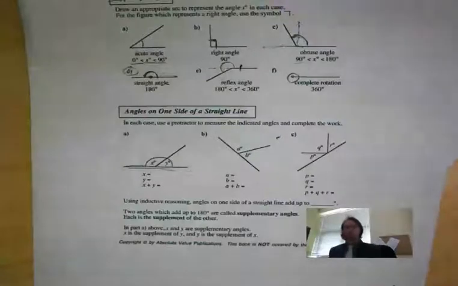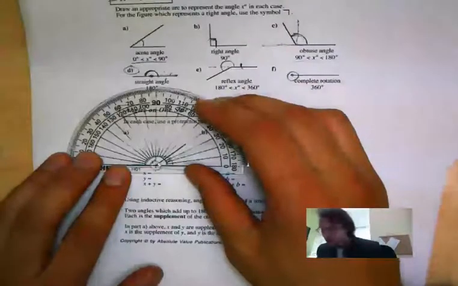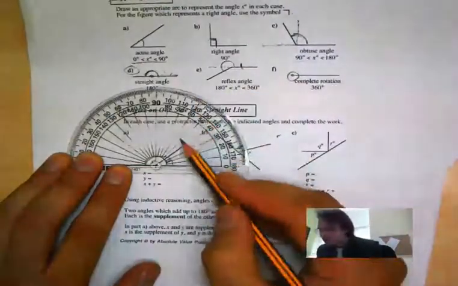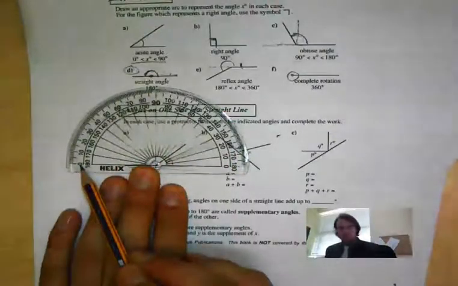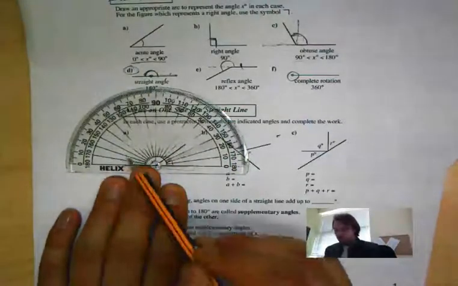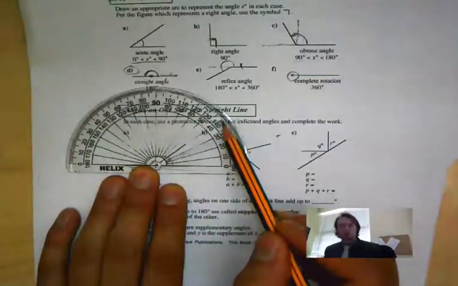Okay, so we're going to use deductive reasoning and inductive reasoning to figure out a rule here. If I go like this and I measure angle X, we go from 0, okay, 0 is on the outside, and we go all the way to where we are right here, so that means we must be on the outside, that is 140.